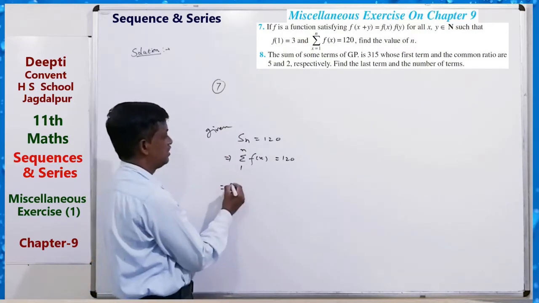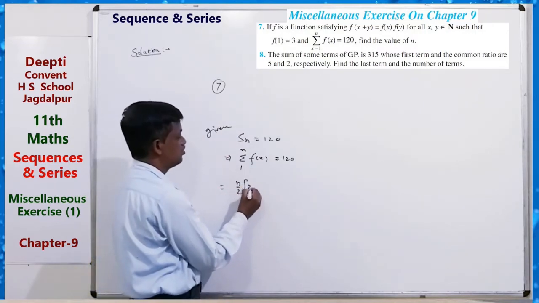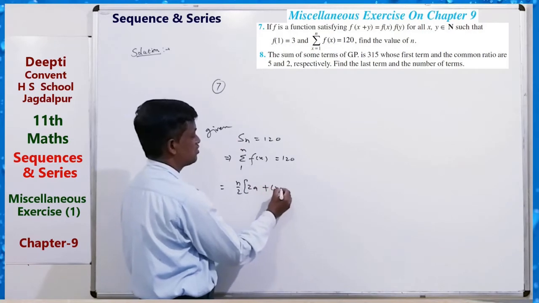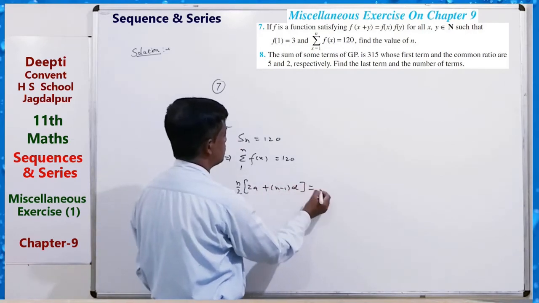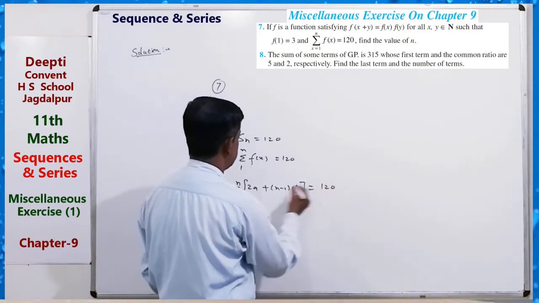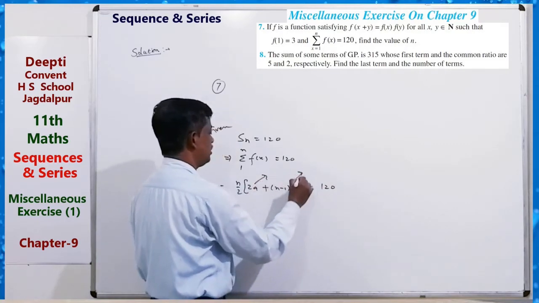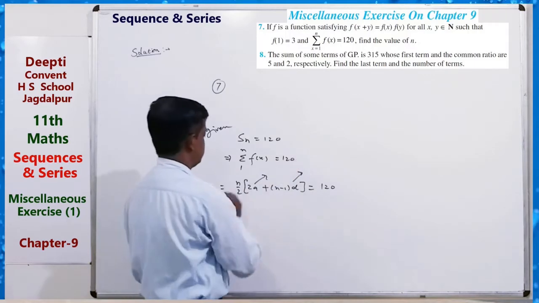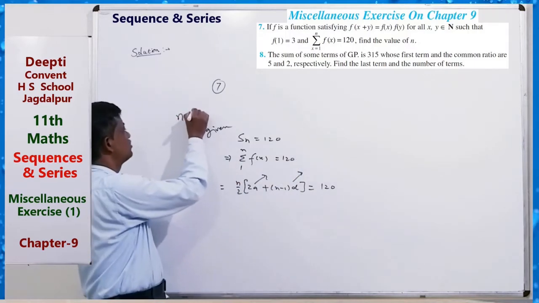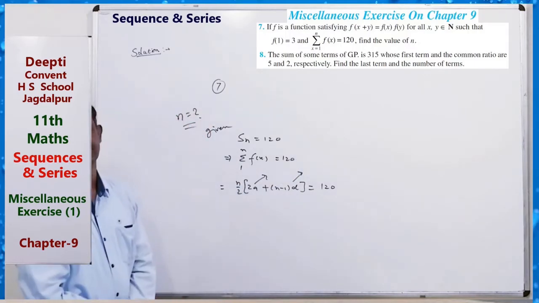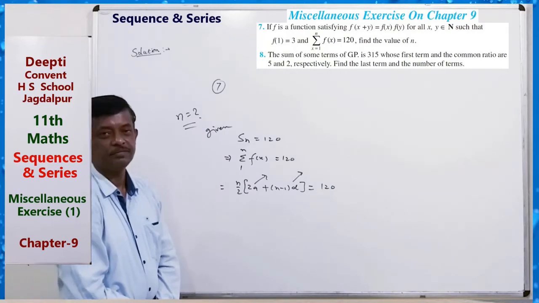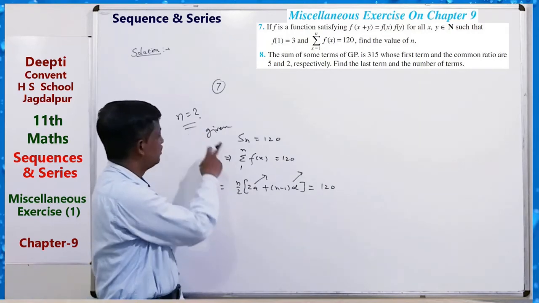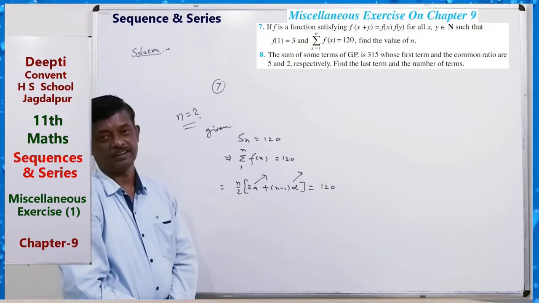Sn means what? n by 2 into 2a plus n minus 1 into d is equal to 120. Here a and d we require, and then we can find the value of n. Just n we require. Clear? So this is given.